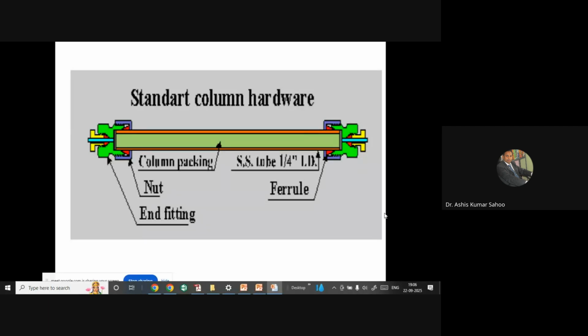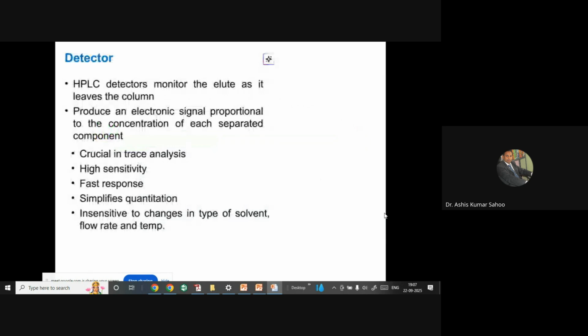The hardware means the column is made using stainless steel. Inside the column the packing will be there, and the nut and end fitting will be there. These are the manufacture of the column.